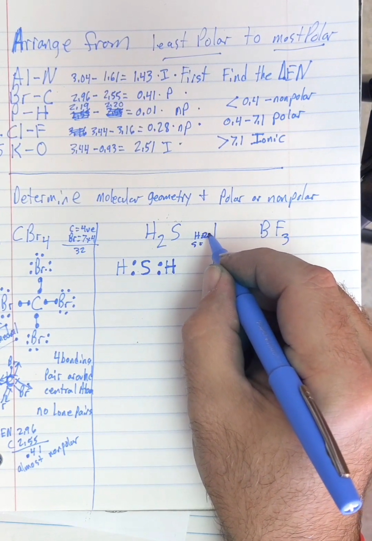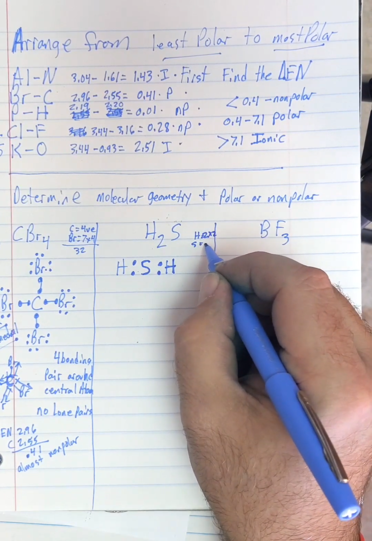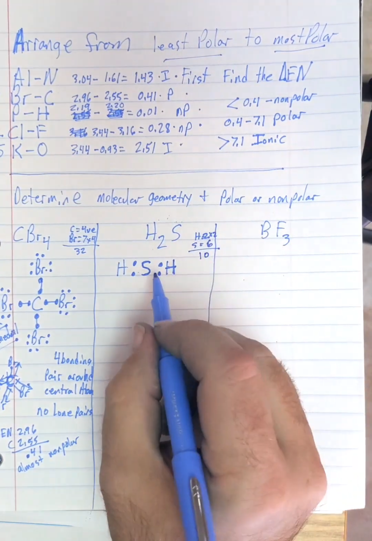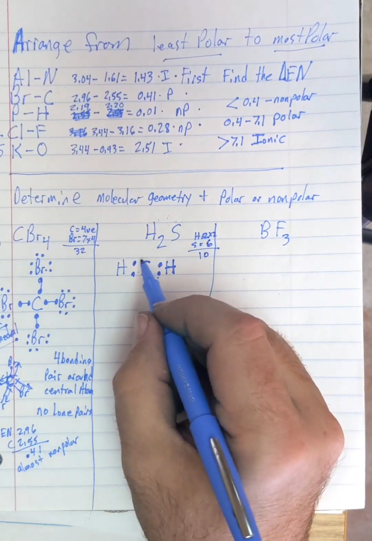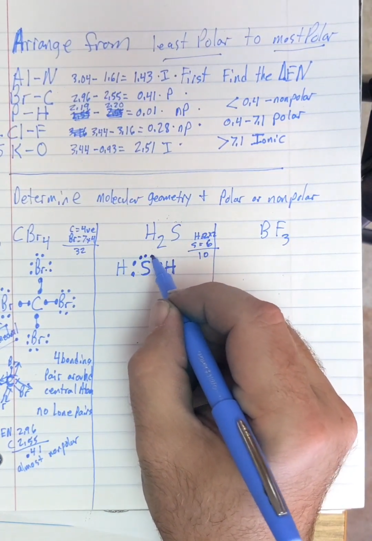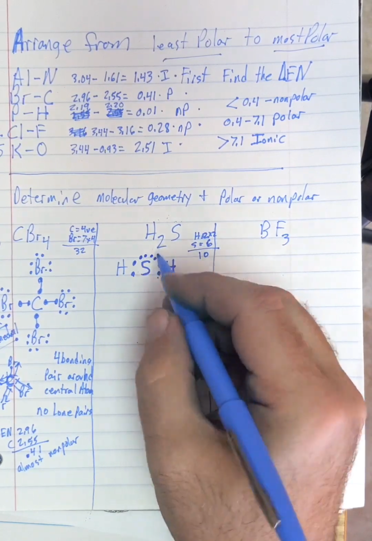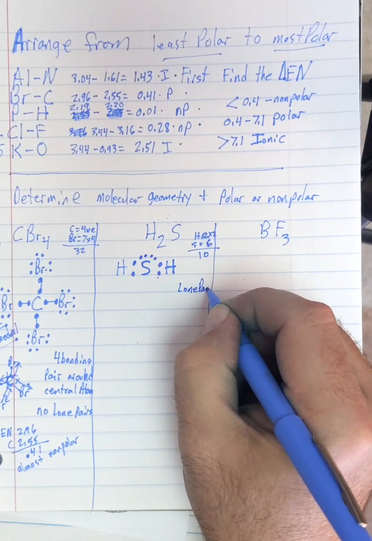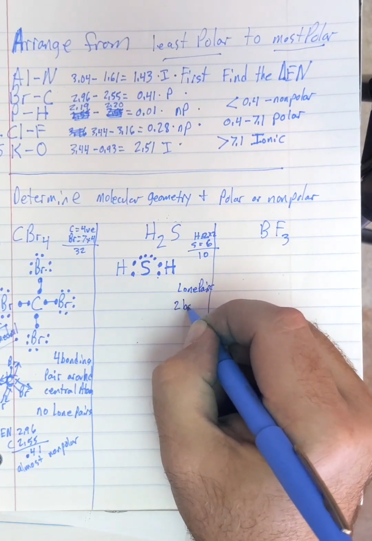Hydrogen has one valence electron and there are two hydrogens, and the sulfur would contribute 6. So we have a grand total of 8 valence electrons. I have a mistake here on my paper. We have 2 bonding pairs and 2 lone pairs with this structure.